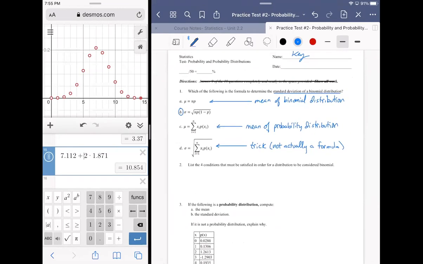Right. 4 conditions that must be satisfied in order for a distribution to be considered binomial. First, you got to have a fixed number of trials. Second, you have to have a fixed probability.